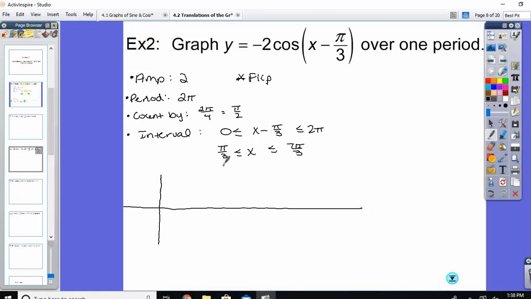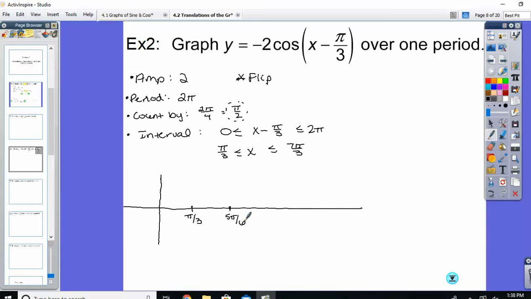So my first point will be at pi over 3. And we add our count by. So pi over 3 plus pi over 2 should give you 5 pi over 6.